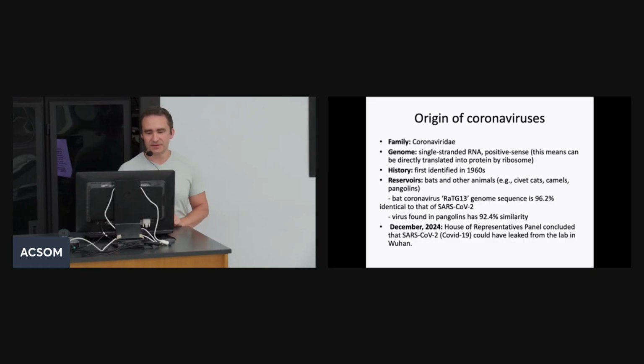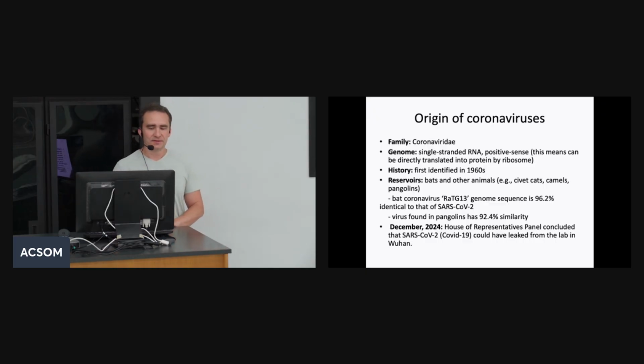One found in bats, RaTG13, has 96.2% identity to the pathogen for COVID-19, and the virus in pangolins has 92.4% similarity. So they exist in nature, okay?